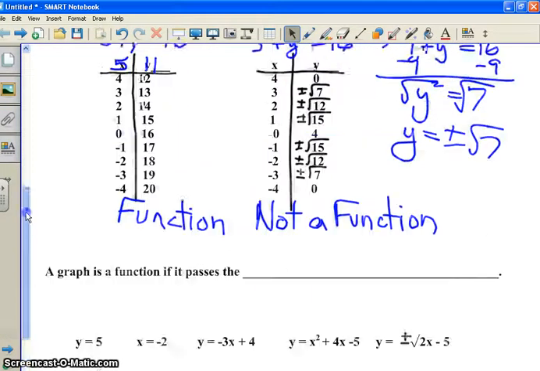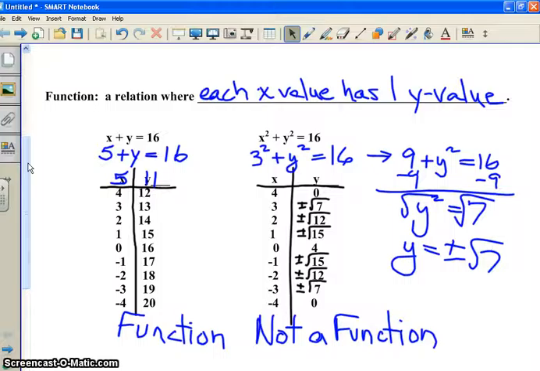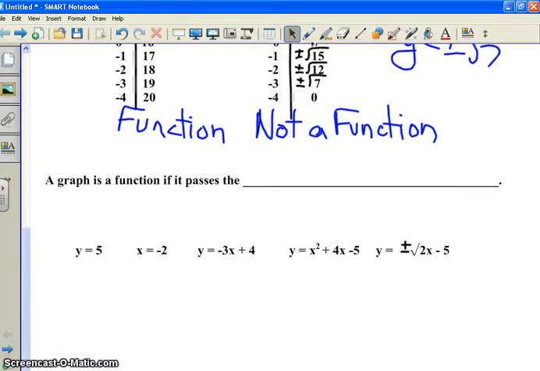Now hopefully you're thinking, boy, I don't want to have to make a t-chart for every single equation and see if I have x values with multiple y values. So a great way to be able to tell whether an equation is a function or not without having to look at the t-chart is by just looking at its graph.